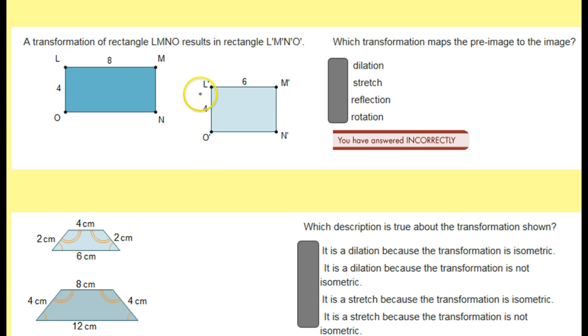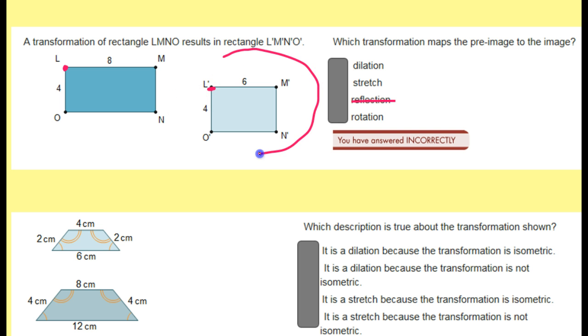So the corresponding vertices are in the exact same order and the exact same position. That means there was no reflection happening. And as I mentioned, they're also in the same position. Like L is in the upper left-hand corner and L prime is still in the upper left-hand corner.